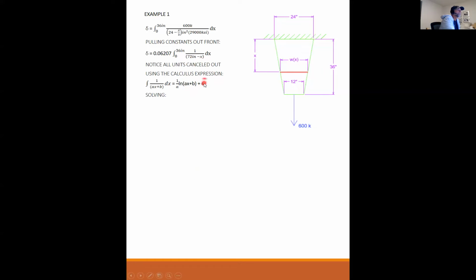And c is your constant of integration. So solving it this way, I have this whole piece at 0, and this whole piece again at 36. I plug those in here, this was out in front, and I solve for the natural log of this number and the natural log of this number. And all that is to say, I get 0.04302 inches. That is my total deformation.